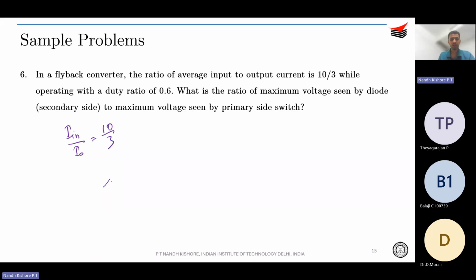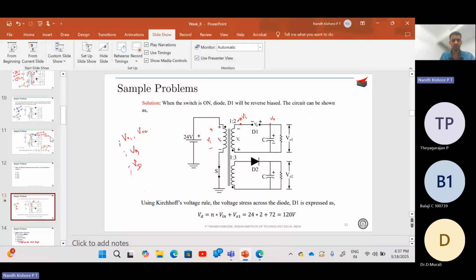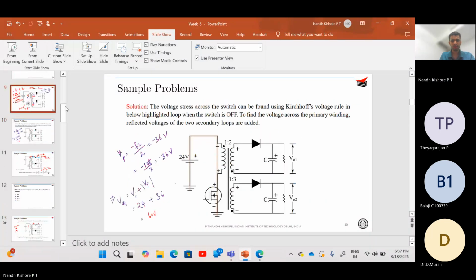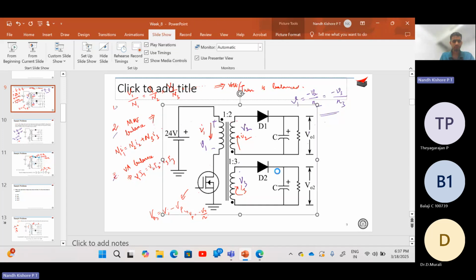So you try to understand. It would be better if you use the circuit again, correct? So just give me a second. I'll just use the figure for better understanding.